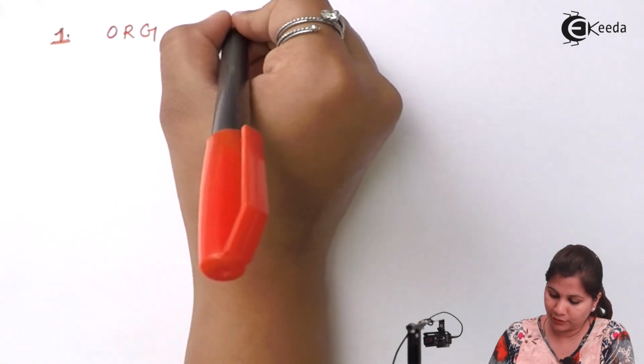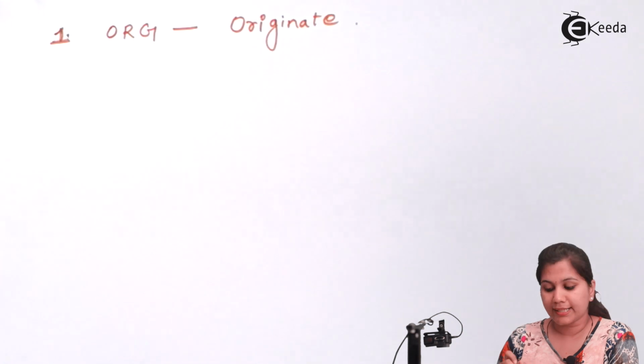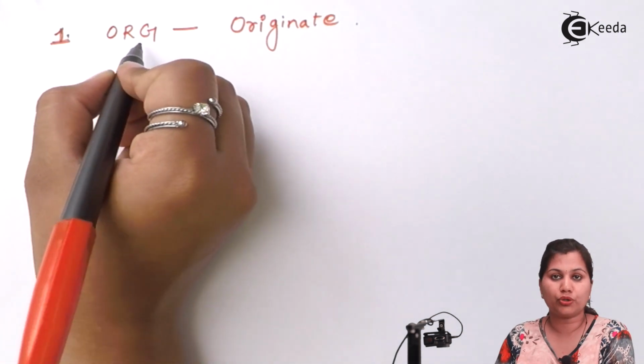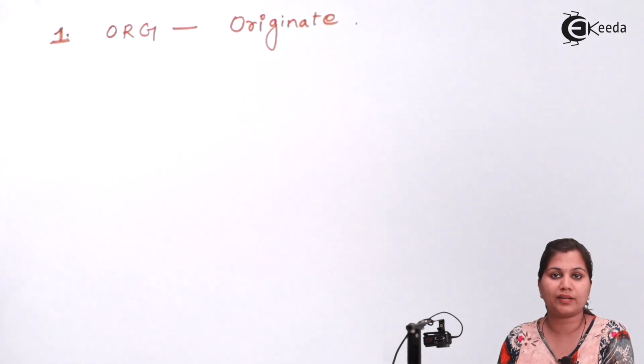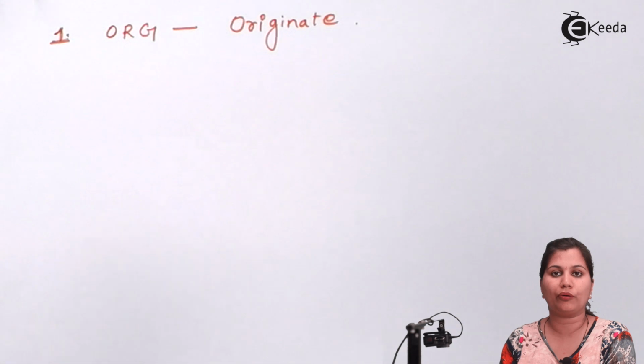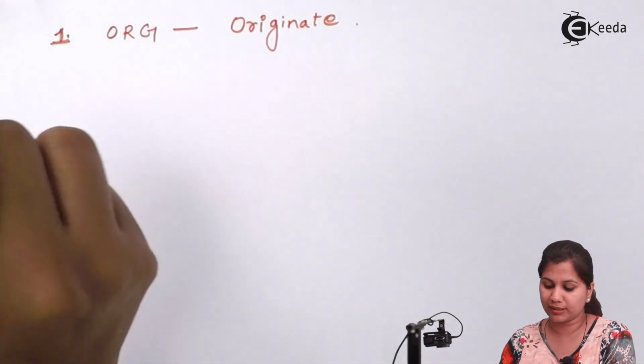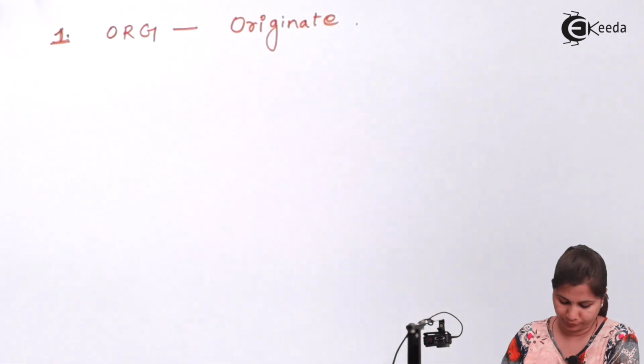Its full form is originate. This assembler directive is used to set the beginning address of the program, that is, from where the program is to be written in the memory of the 8051. So to set the beginning address, we use ORG.